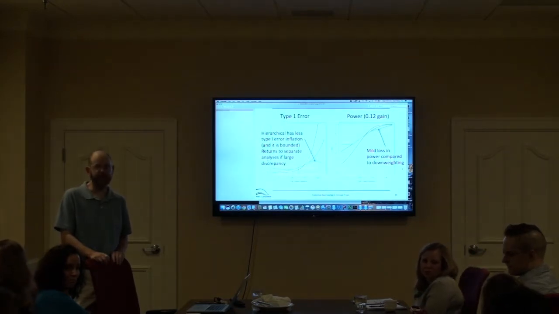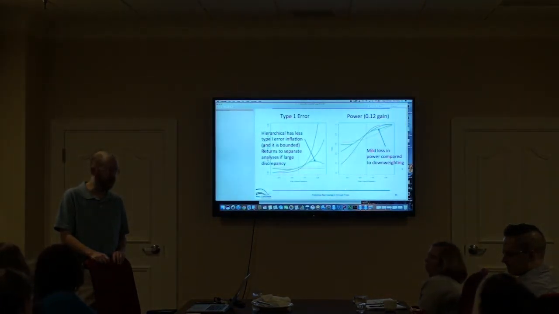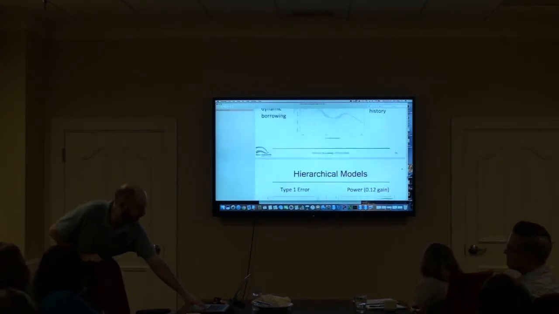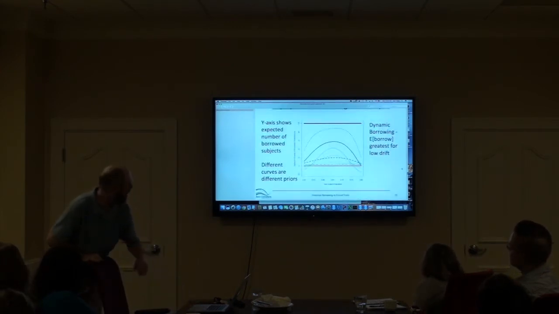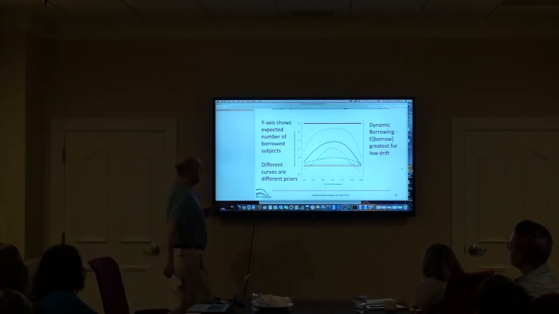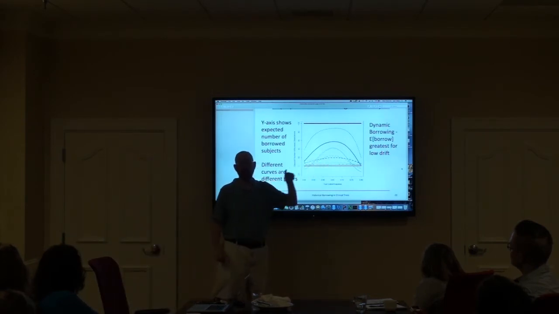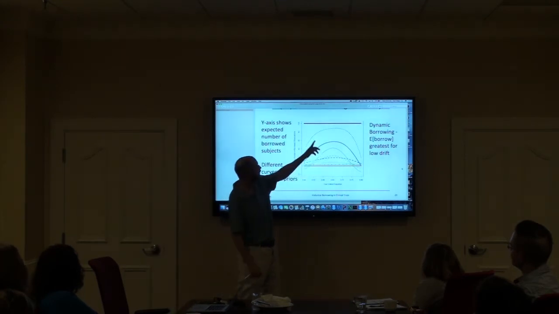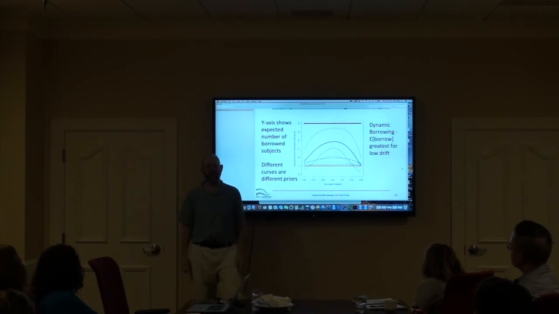If I was worried about a lot of drift, I would want to make sure that I had picked a prior that doesn't heavily weight the past data even though I get a lot of drift.